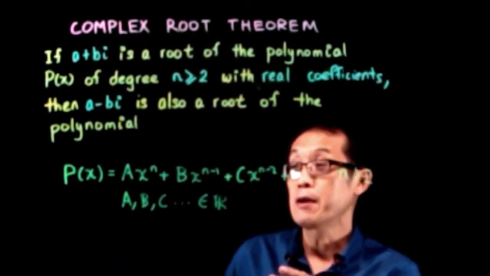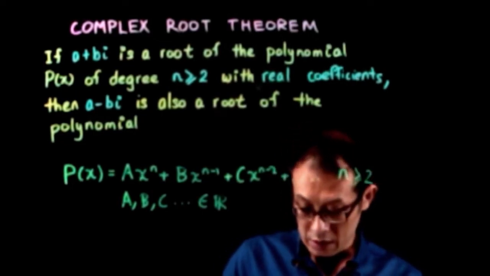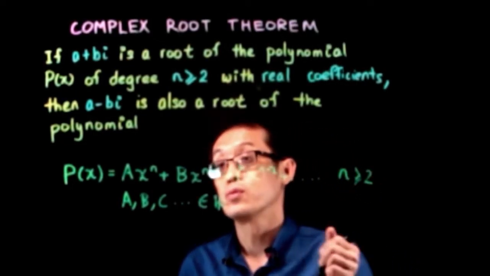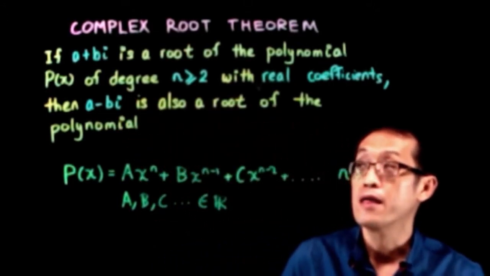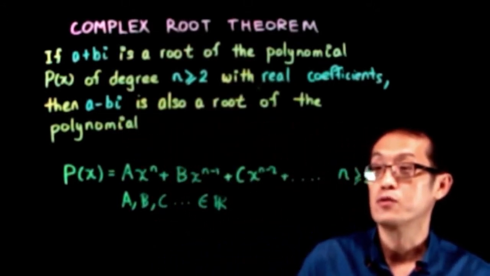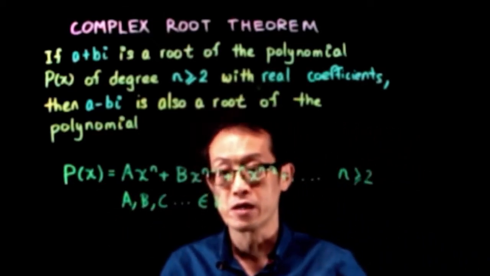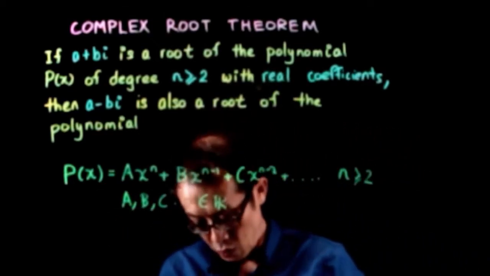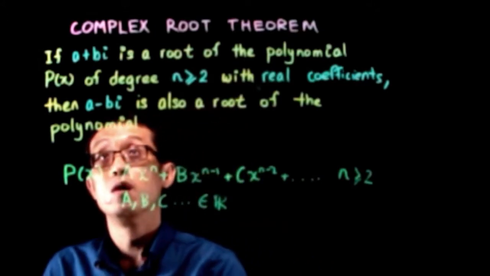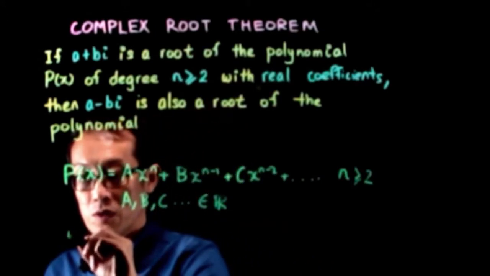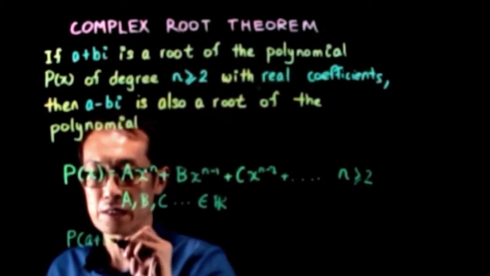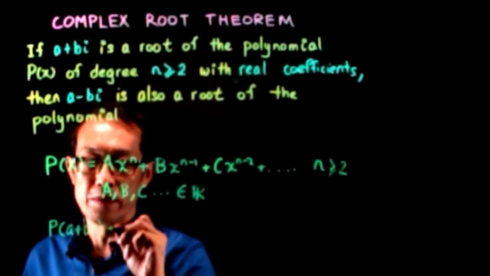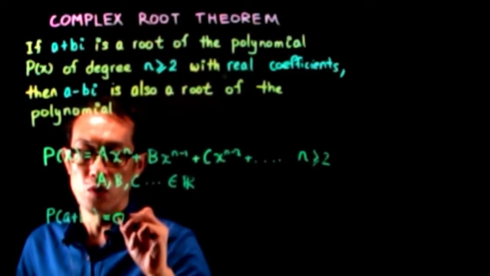Now if a plus bi is a root, that means if you replace x with a plus bi, then you will find that p of x will be equal to 0. So p of a plus bi will be equal to 0.